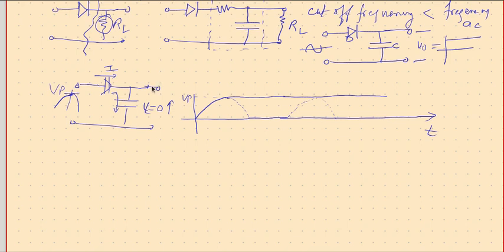Now, if the amount of charge it has stored is very high compared to the discharge possible because of this reverse current, or because of this leaky dielectric, or because of the load current, then there will be almost constant voltage across this, though it is varying slowly.